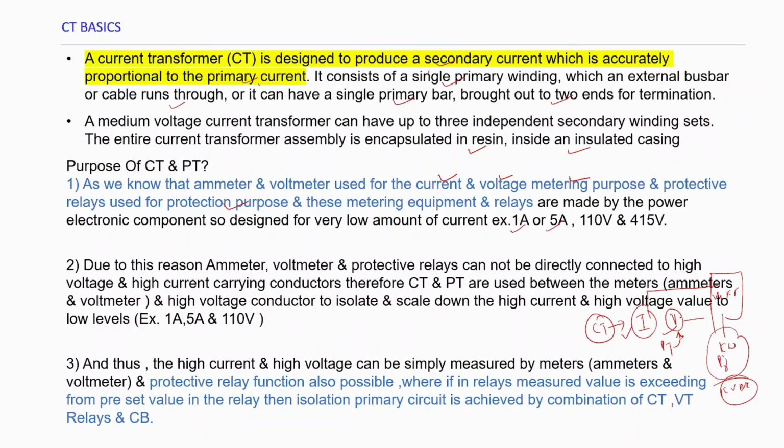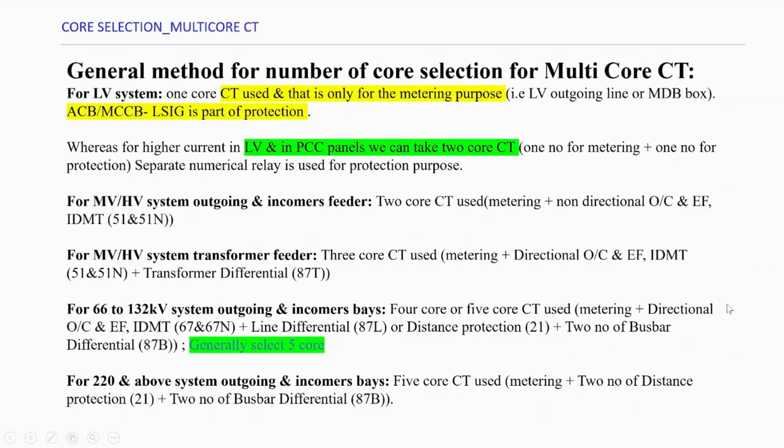So only current and voltage you are measuring. Please understand this point very well. Also important is how much accuracy your meter and your CT have, to measure the accuracy of your primary current.